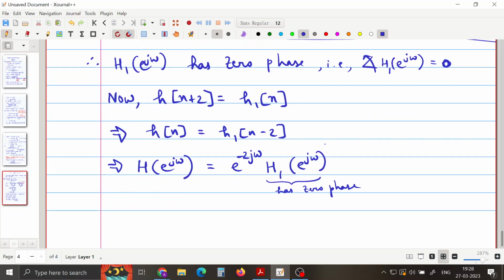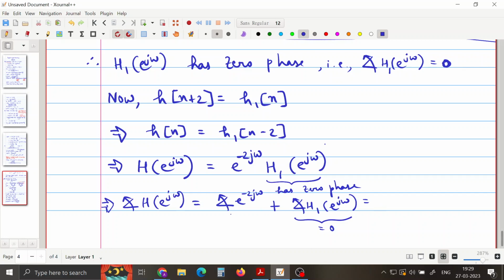Now if we try to calculate the phase of both LHS and RHS, the right hand side involves 2 products, so the phase gets added, right? So phase of first part plus the phase of the second term in the product, which is this. Now this is 0 phase.